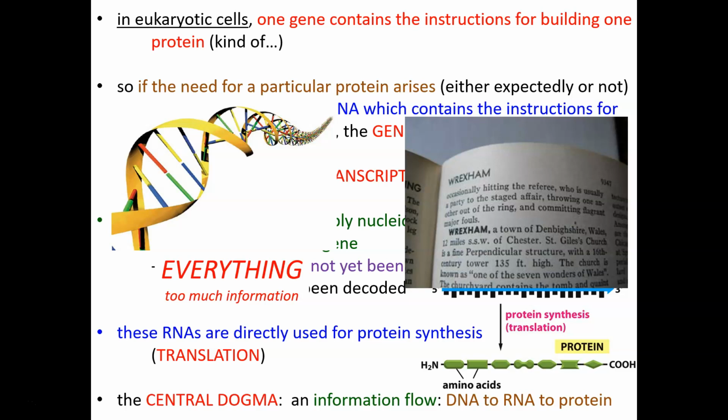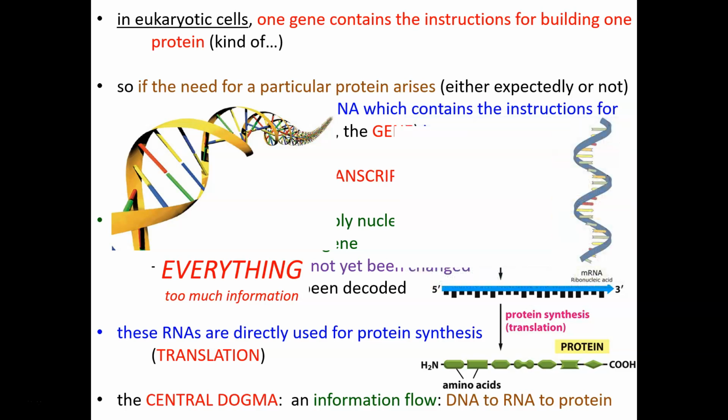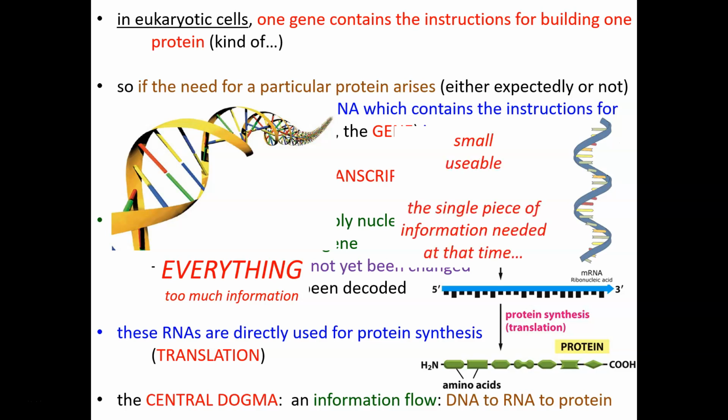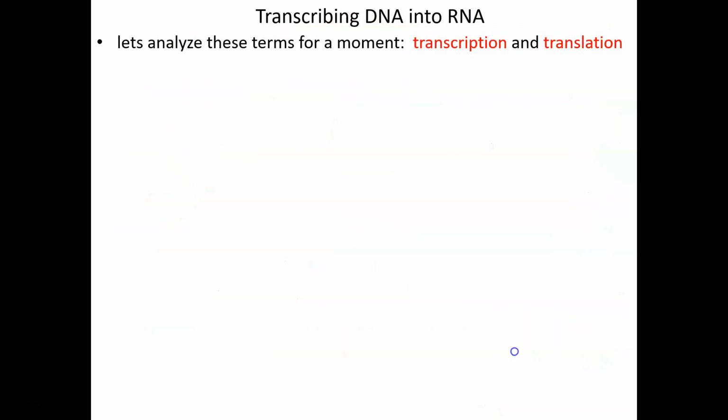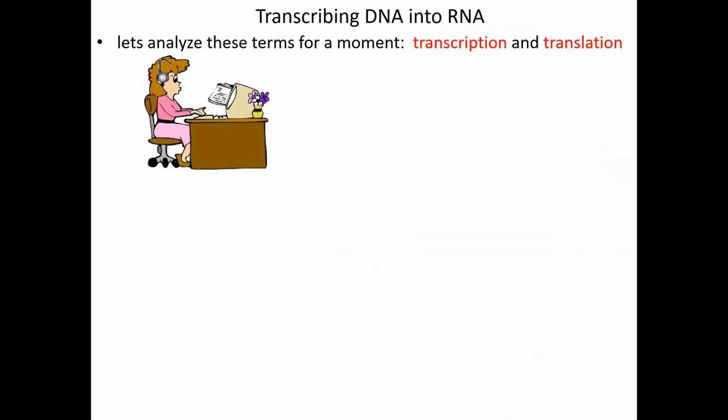You don't have to carry the whole encyclopedia out the door with you. You take it to the photocopy machine, you make a photocopy of that one page, and now you have a portable, usable copy of the information you needed from the encyclopedia and nothing else. That's the mRNA, a short, portable sequence of nucleic acids that is small, usable. It's the information you need at that one time, and you can use it to achieve your outcome. Your outcome, of course, is making the protein that the cell needs.